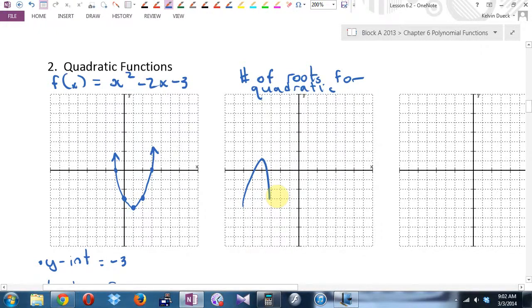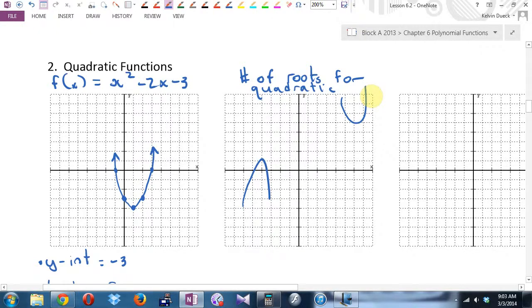Can I have no roots? Yeah, how? If the range is either opening up and everything above 0, or opening down and everything below a number less than 0. So there's an example with no roots. Can I have 1 root?